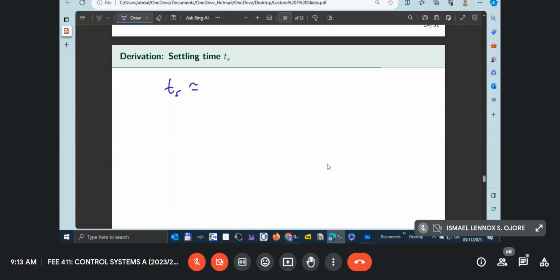So Ts is 4 over delta omega n for 2% tolerance, and Ts is 3 over delta omega n for 5%, you can check this.